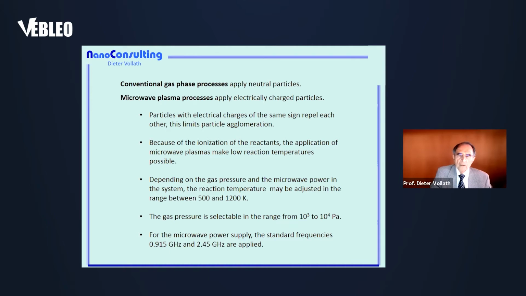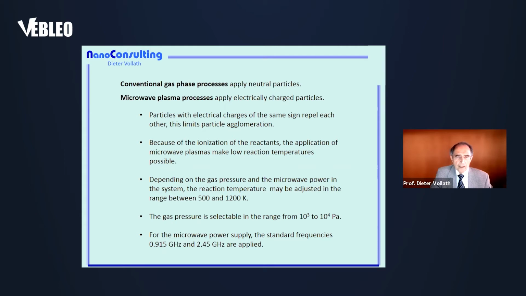Because of the ionization of the reactants, the application of microwave plasma makes low reaction temperature possible. And depending on the gas pressure and the microwave power in the system, the reaction temperatures may be adjusted in a range between 500 and 1200 Kelvin.